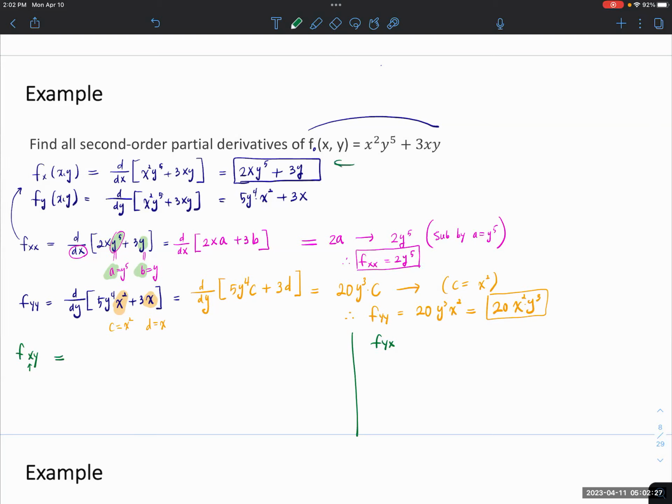So 2xy to the 5th plus 3y. From here you take the differentiation dy. Are you following? So this is f xy. This is already fx, and we are taking the second partial derivative with respect to y.